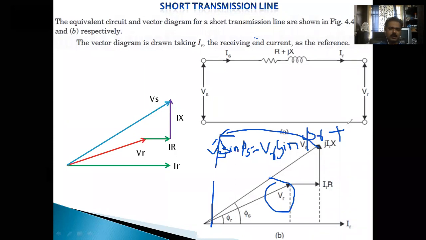So directly IR into X, that is the vertical component. Directly you can add to this vertical component. So that directly gives these two equations. Is it clear?